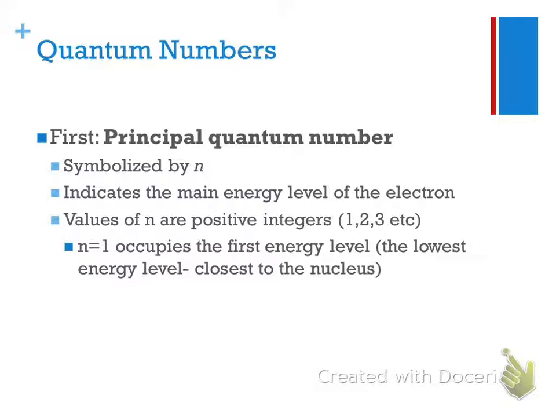What n tells us is that if n is equal to 1, it occupies the first energy level, or the energy level that's closest to the nucleus. Okay? So if the electron we're looking at is on energy level number 1, that means it's in the energy level closest to the nucleus.